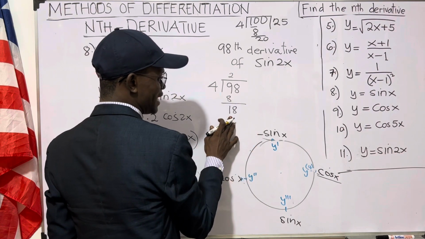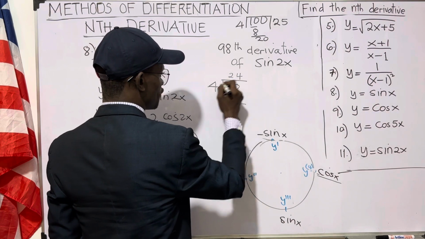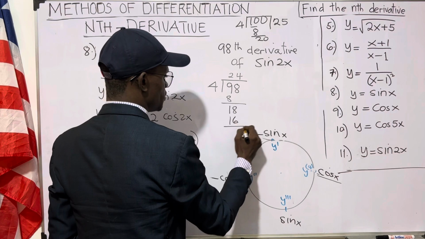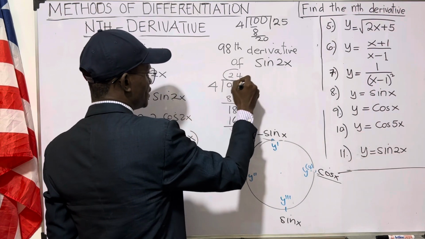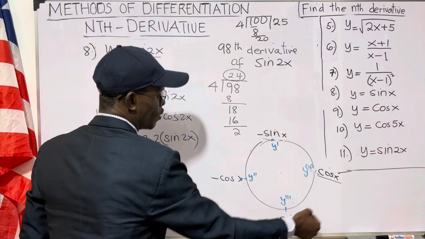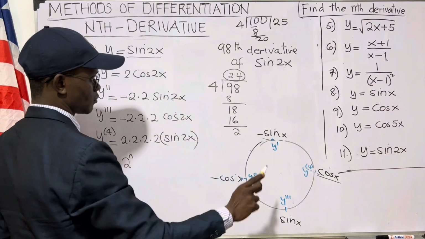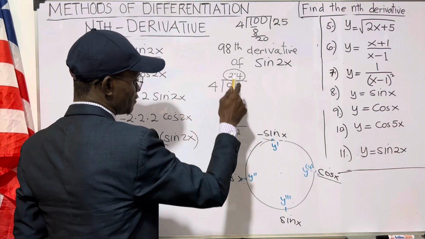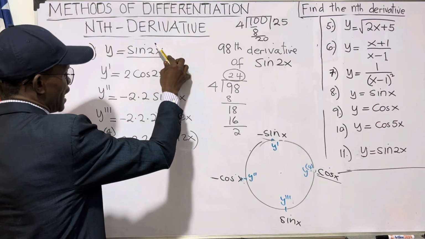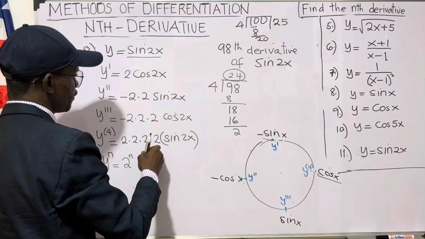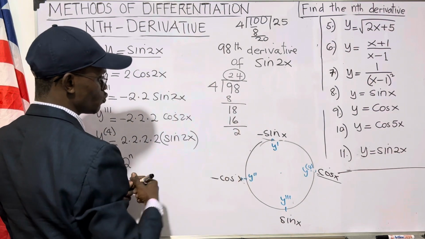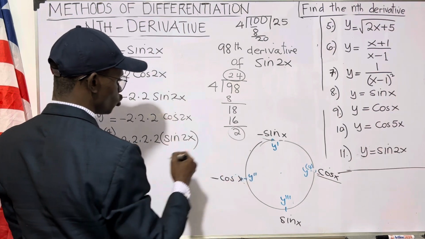So 4 into 18, 4 times. 4 times 4 is 16, remainder 2. We're not concerned about the quotient because it represents the number of times we have gone around the cycle. This is the number of times that we have differentiated this function and have come back to the original function. So what we are left with now is 2.